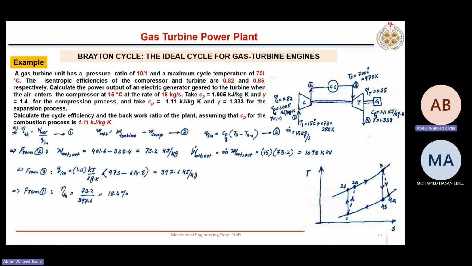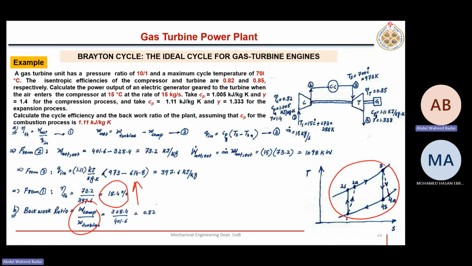Because it is a simple turbine, that's why efficiency is so low, only 18%. There are methods, like reheating, regeneration, and multiple compressors with intercooling, that will come into play to increase this efficiency.